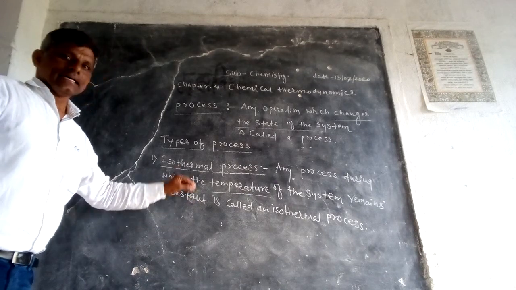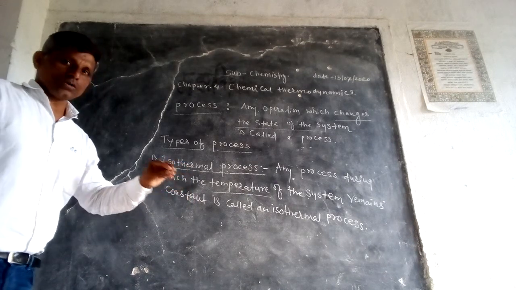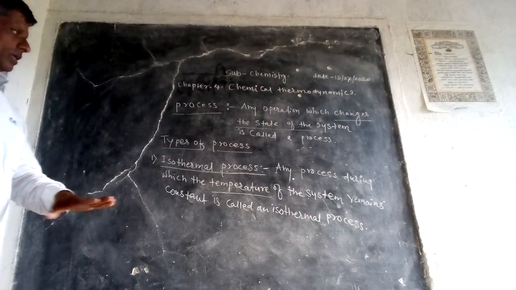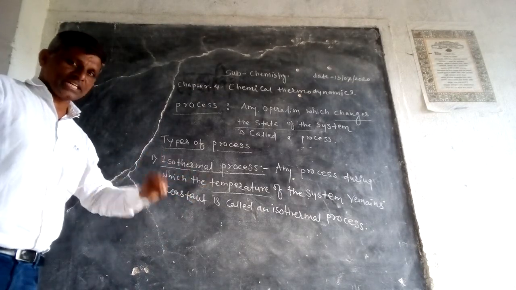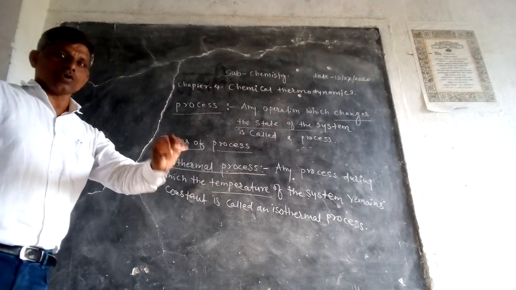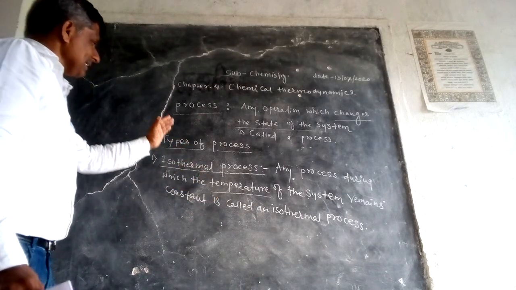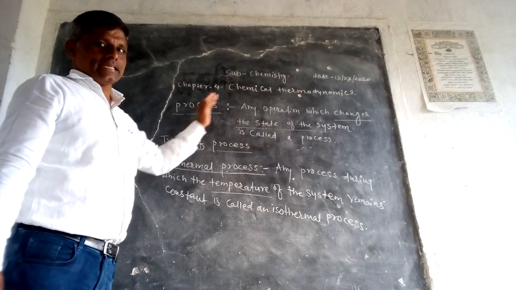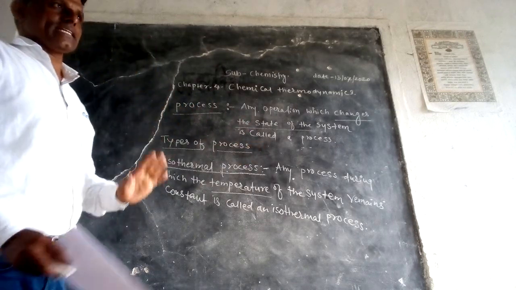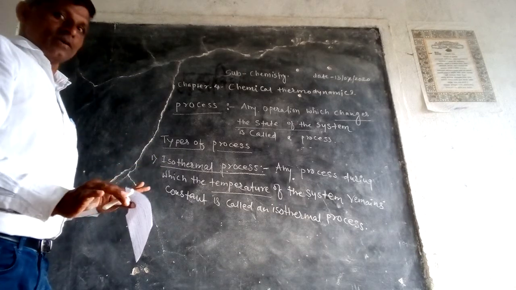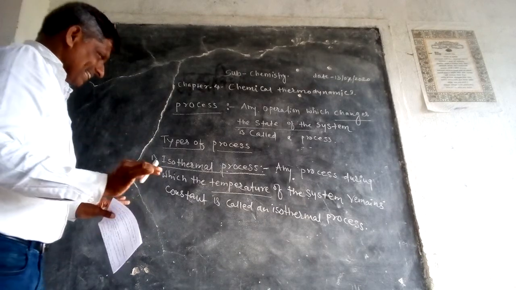That means here the temperature is not going to change at all. The other factors may change, but we have restricted the temperature not to change. That means in the initial state of the system and in the final state of the system, the temperature in both states will remain the same, constant.